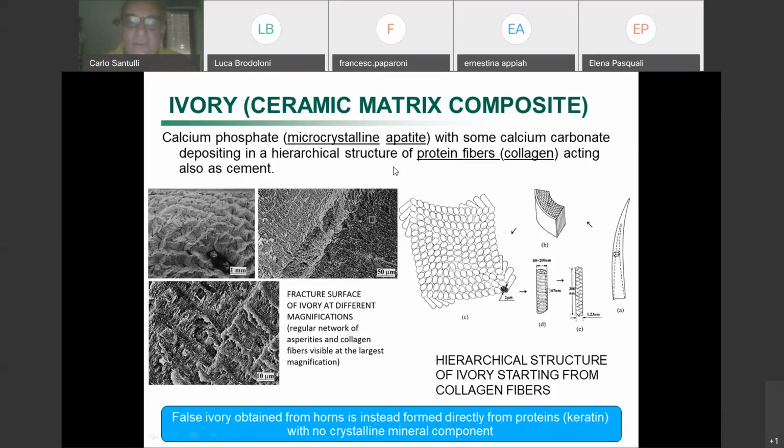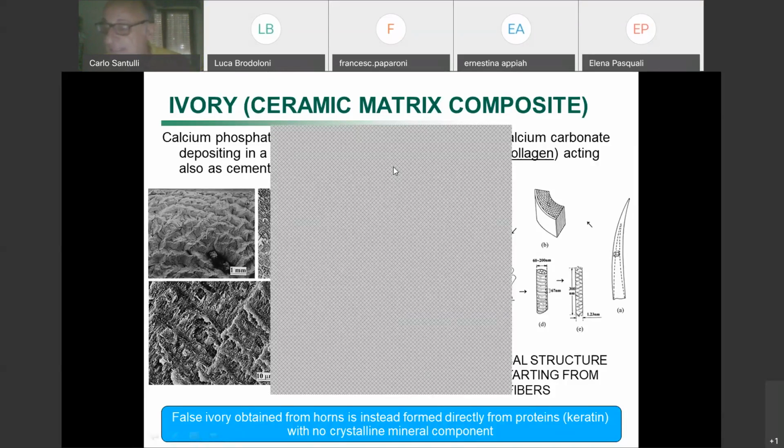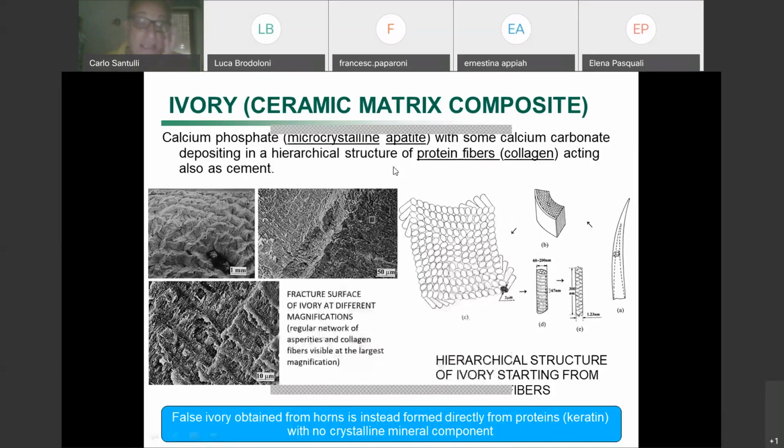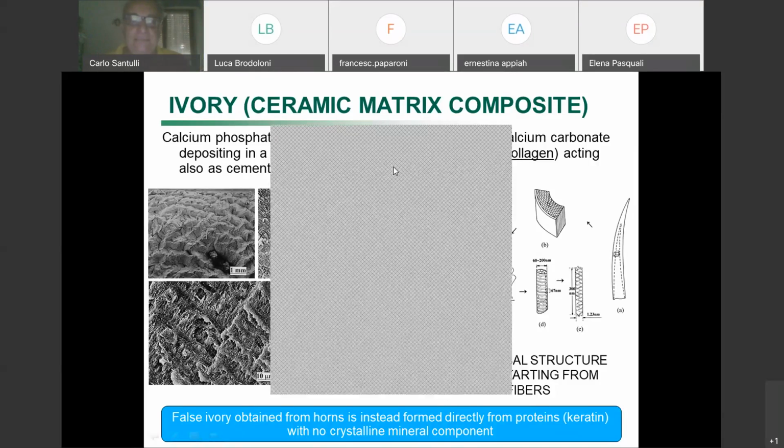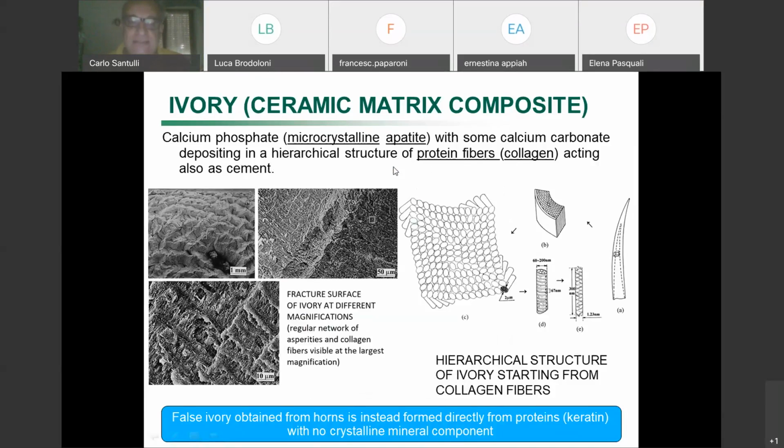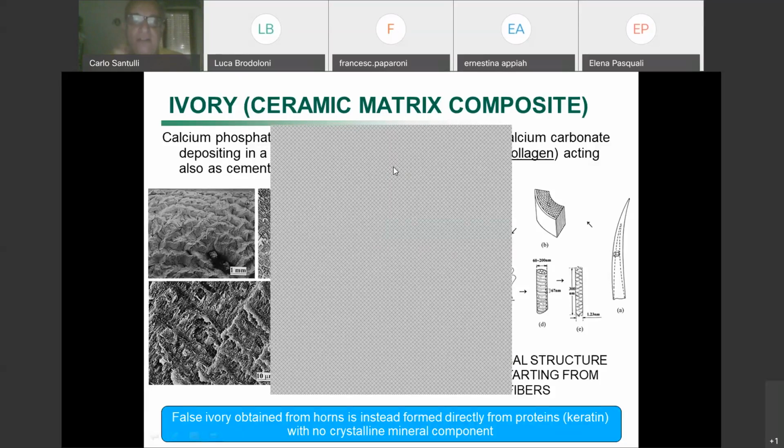This, of course, means that it's more compatible. More compatible because if the materials are chemically similar, you may remember that similar dissolves into similar substance. And it is the same case for composites.